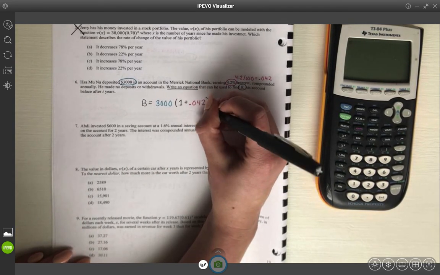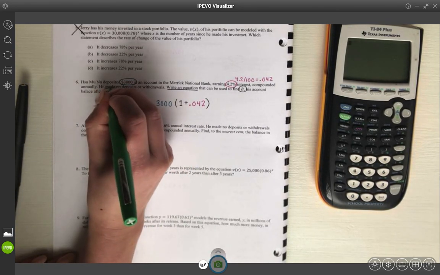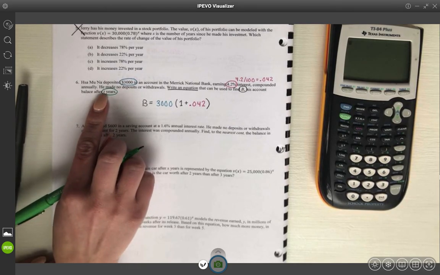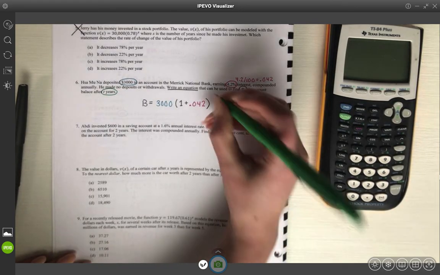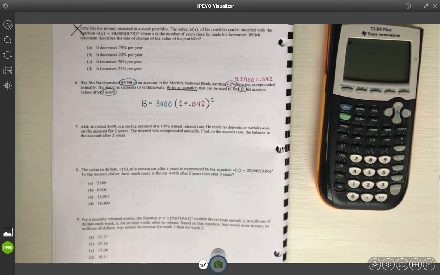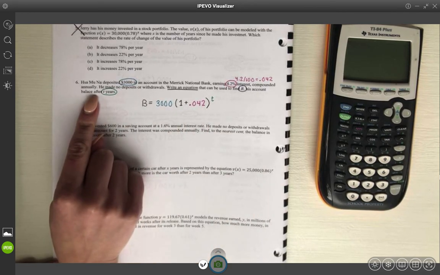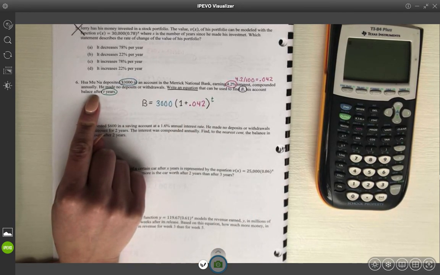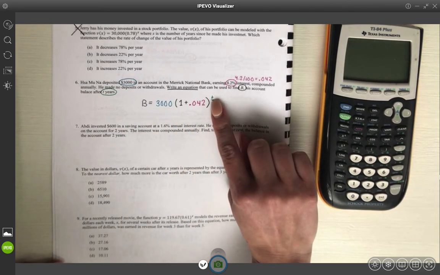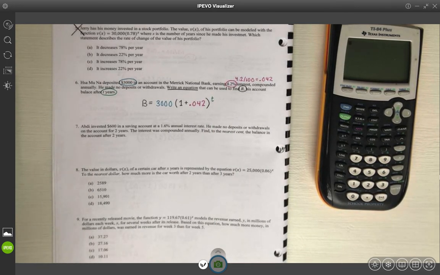Then we have parentheses and our amount of time in the corner, which they just want us to use the letter T to represent time. So we're going to put a T in the corner. So this is an equation to represent this problem. We don't need to do anything further. In fact, we can't do anything further because there's no number up here. So we couldn't even type it into our calculator if we wanted to.